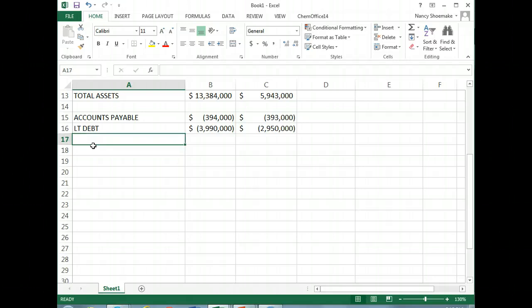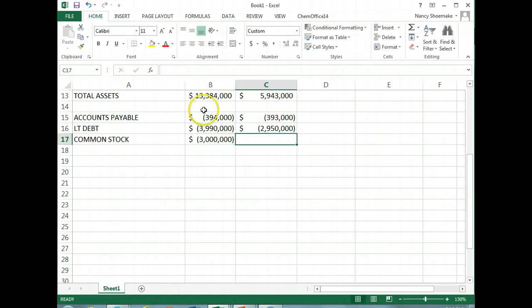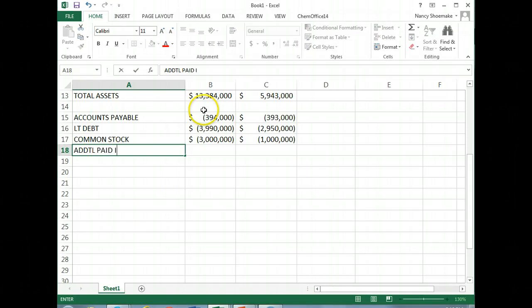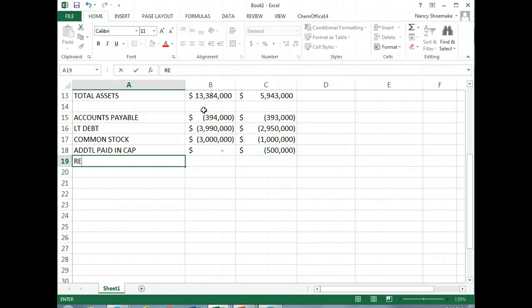Common stock is minus 3 million. Whoops. Minus 3 million. This is minus 1 million. Our additional paid in capital is minus 0. This is minus 500,000. Retained earnings is minus 6 million.